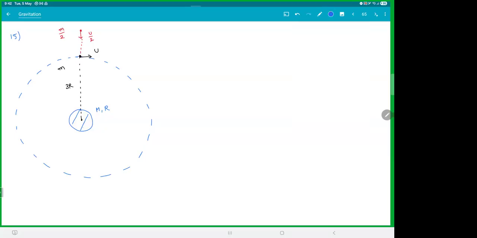So after the collision gets over and the comet gets stuck to it, find the maximum and the minimum distance of the satellite from the planet. So let me write on this thing.